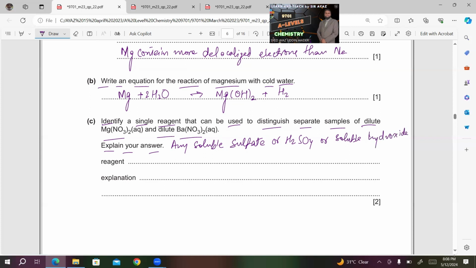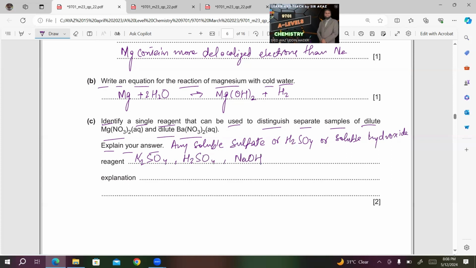So like soluble sulfate, you can take K2SO4 or H2SO4 or soluble hydroxide like NaOH.